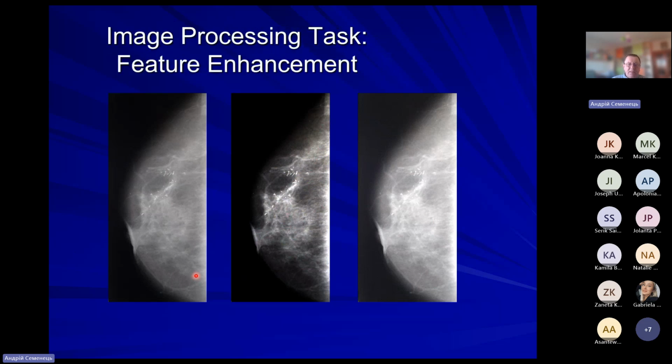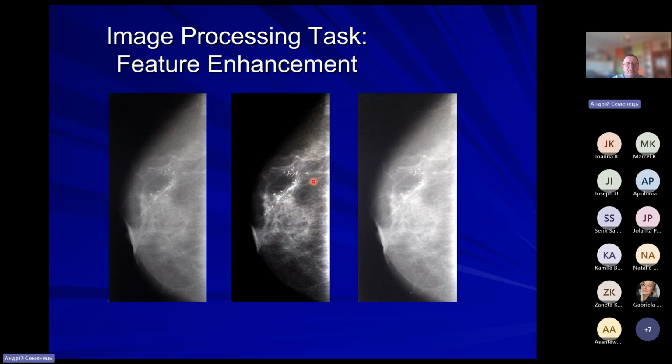And here is why it's necessary. We can get feature enhancement by filtering and be able to visualize some potential pathological changes in given images, like this one.